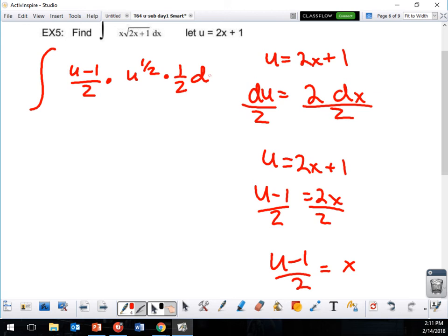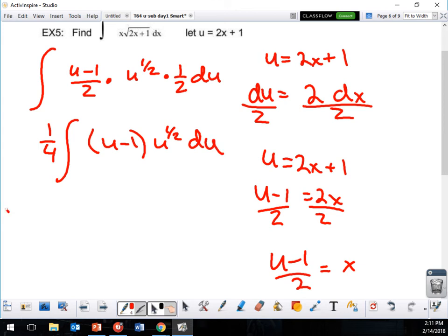So I got my 1/2 du from here. My u to the 1/2 is my radical u. So let's pull out my 1/4 to the front, and I have u minus 1 times u to the 1/2 du.